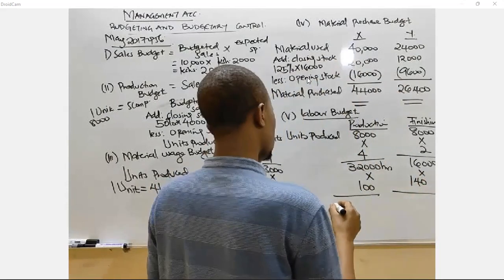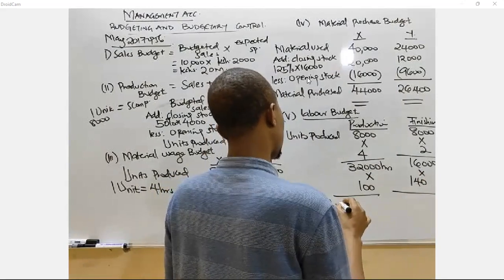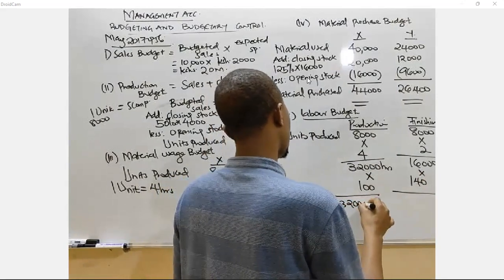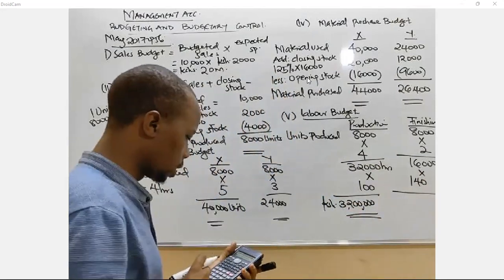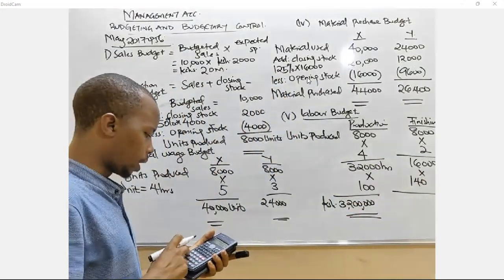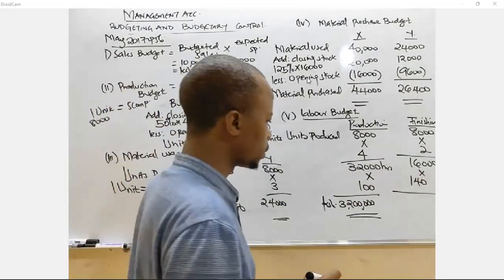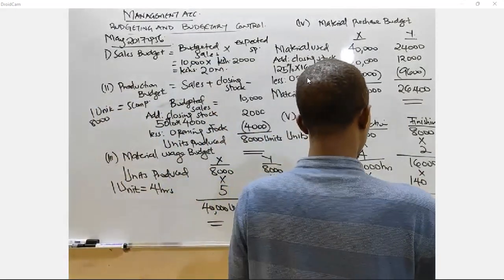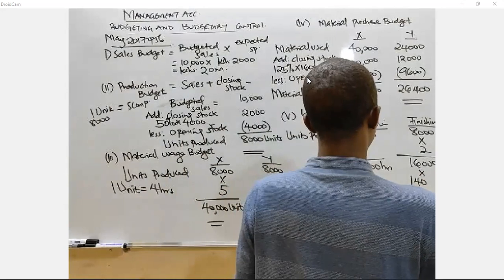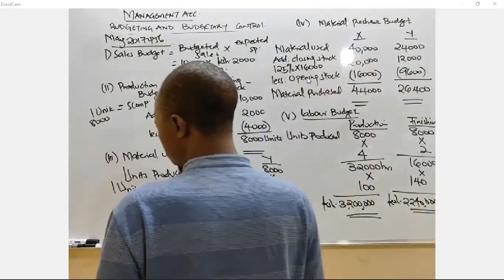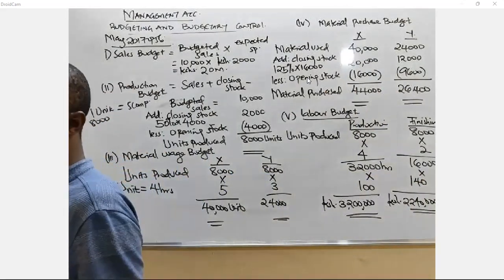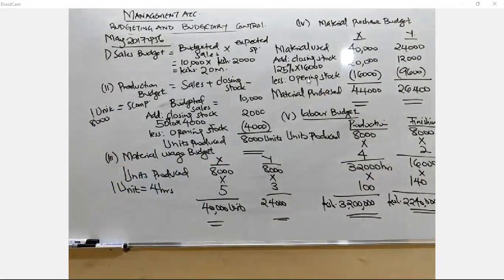So this will total to Kenya shillings 3.2 million. And the other one will be 16,000 multiplied by 140, getting 240,000 shillings.